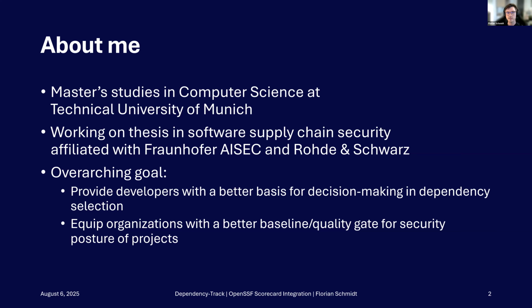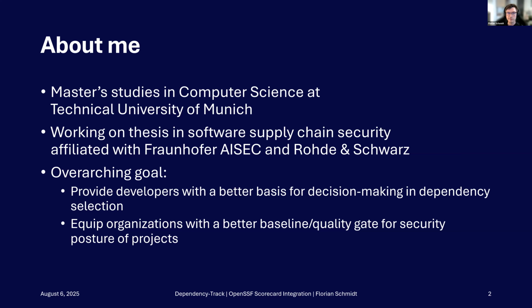The overarching goals of our research are essentially, when it comes down to Dependency-Track, twofold. First of all, we want to figure out a way to provide developers with a better basis for decision making in dependency selection and dependency evaluation. So just provide data and contextualize this data to allow them to better evaluate their own dependencies, to understand what is going on in their SBOMs.